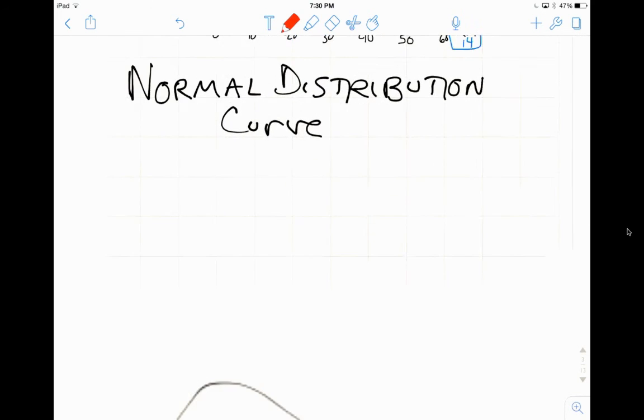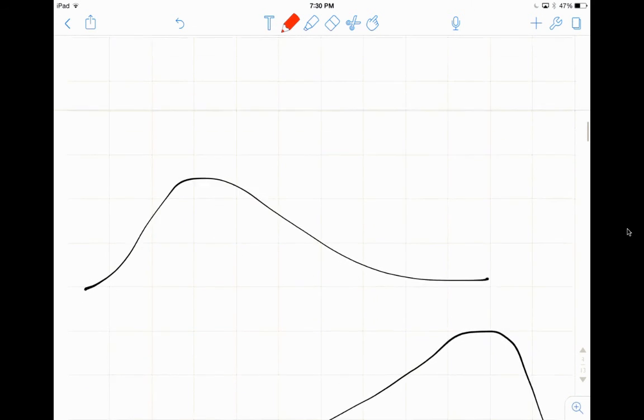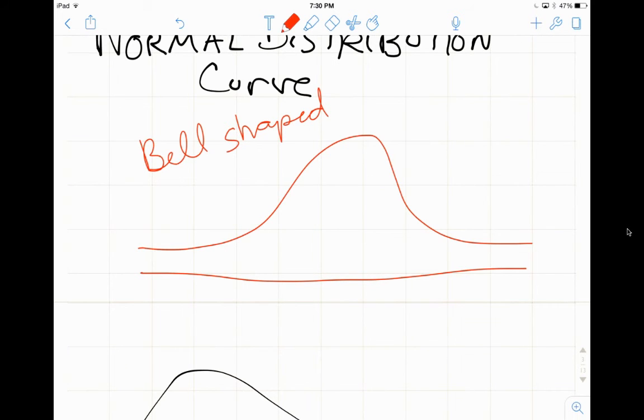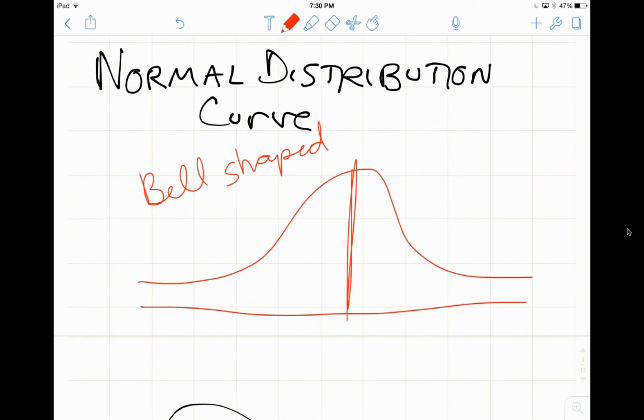The other piece that we would have is called a normal distribution curve. Sometimes it's also called a bell-shaped curve. It says all of our data is within this item, and it's most common for the majority of your data to happen in the middle. A normal distribution curve is like the ideal, in which case your mean happens to be the median, and it happens the most.